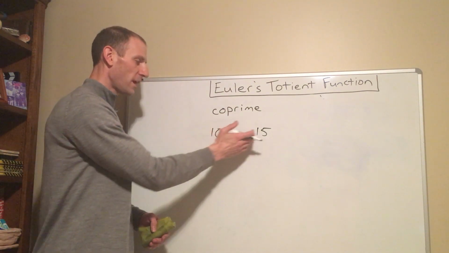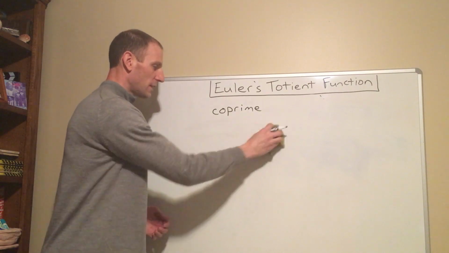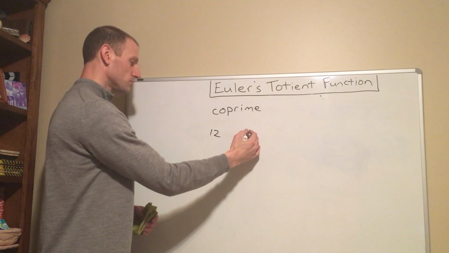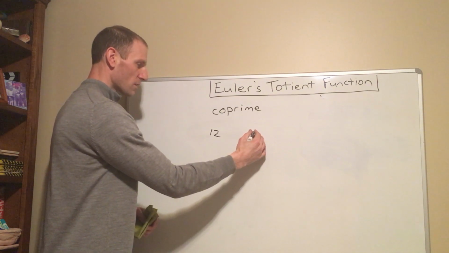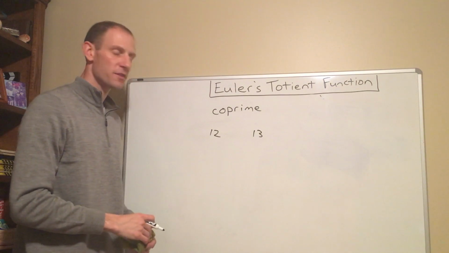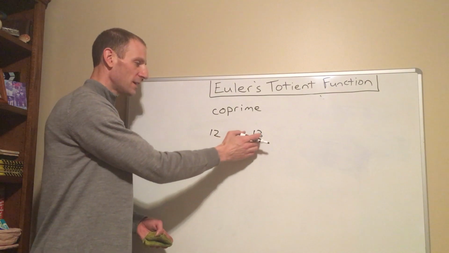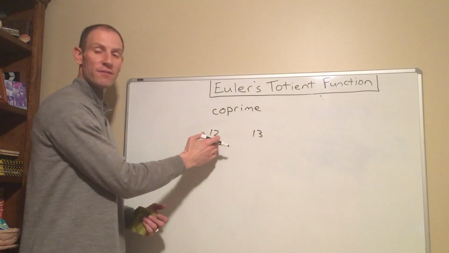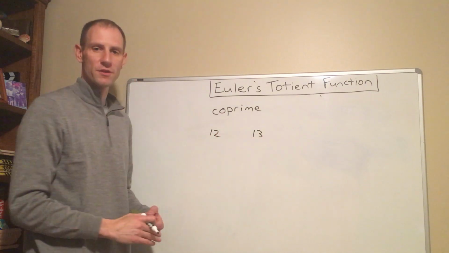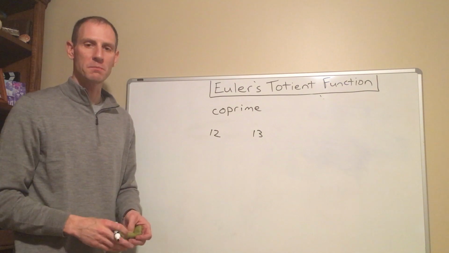So 10 and 15 are not co-prime. If you look at numbers like 12 and let's say 13, the only number that fits into 12 and 13 would be 1. So 1 fits into 12 and 13. 12 has some other factors, but those factors do not work for 13. So 12 and 13 are co-prime with each other.